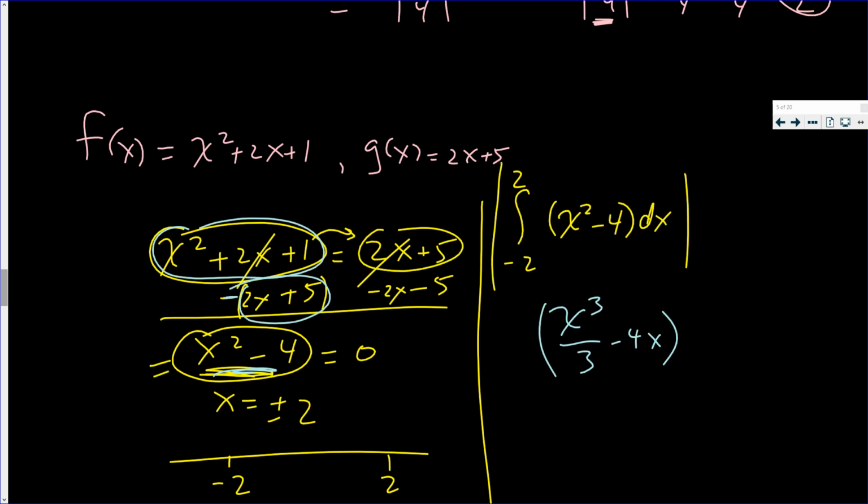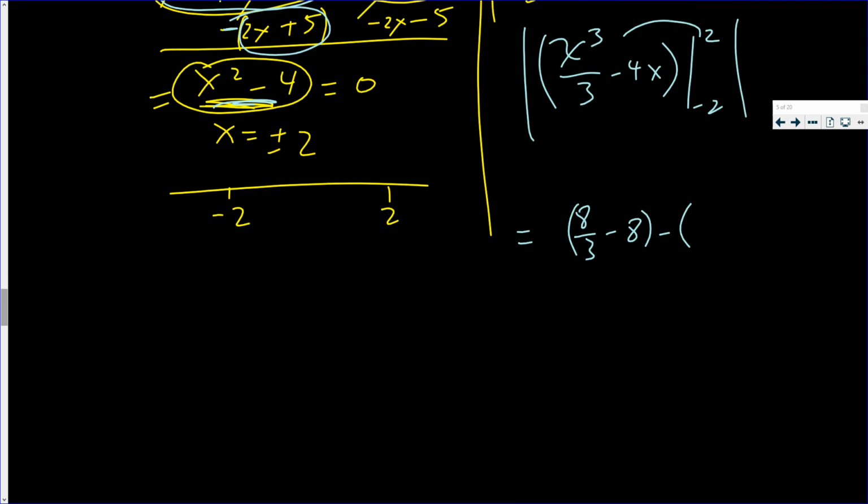And we want to evaluate this from -2 to 2. And whatever answer we get, keep the positive number. So when you plug in 2, you get 8/3 minus 8, minus. Now when you plug in minus 2, you get -8/3 plus 8. Absolute value. Well, 8/3 minus a -8/3, that's 8/3 times 2, or 8/3 plus 8/3. And if you take away 8, and then you take away another 8, you took away 2 8s.